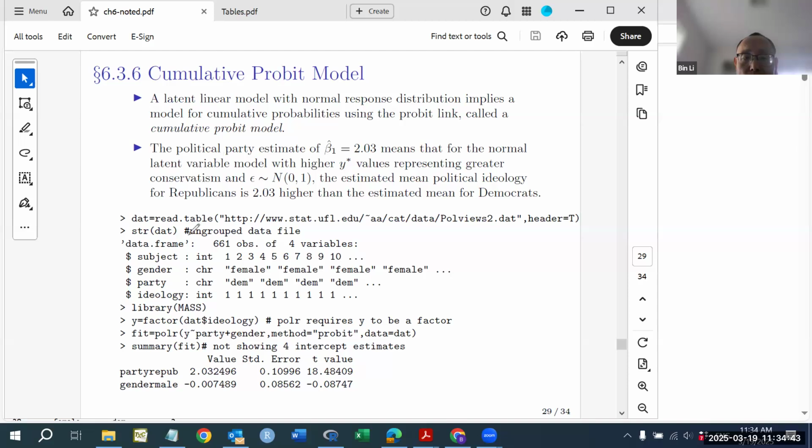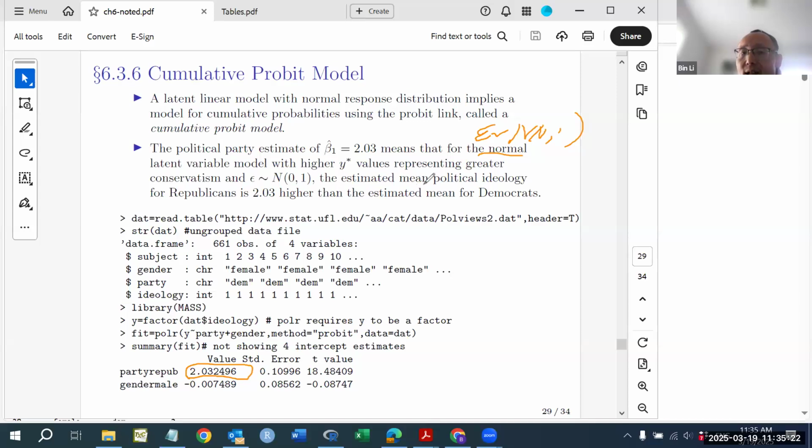And you can see for the party we have the coefficient 2.03. That means, for the normal latent variable model, why is it normal? Because the epsilon follows a standard normal distribution. So it's called the normal latent variable model, with higher values of y star representing greater conservatism, and epsilon follows normal 0, 1.